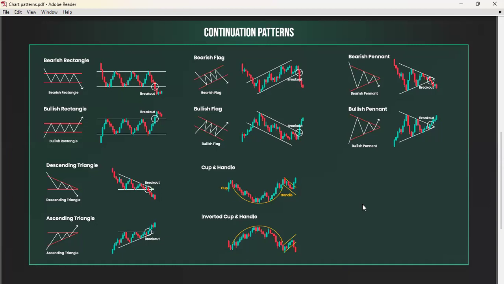What it means is that if price were moving upward, there's going to be only a pause or a pullback or retracement, and then they will continue moving in the same direction. So moving up, there's a breathing or a pause, they pull back a bit, not coming back to the level that they started, and then they move up. So that's what we call continuation patterns.